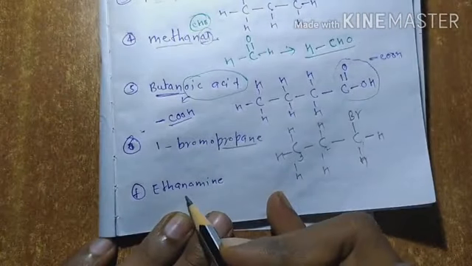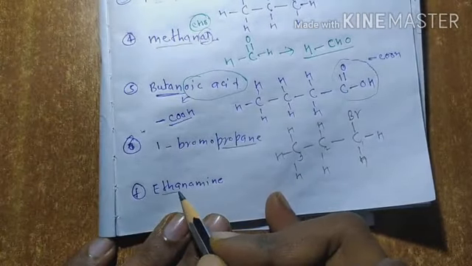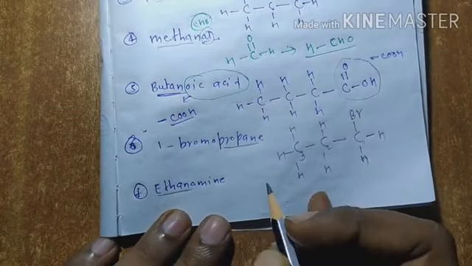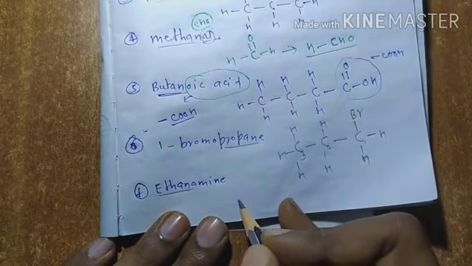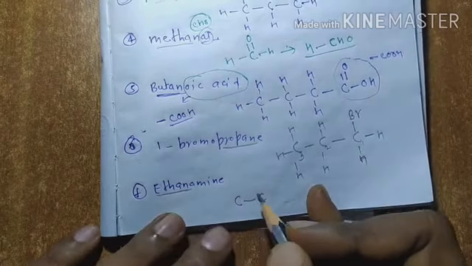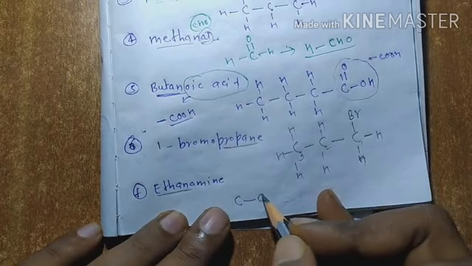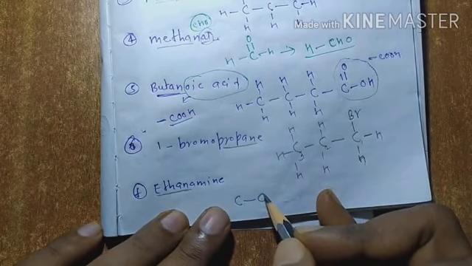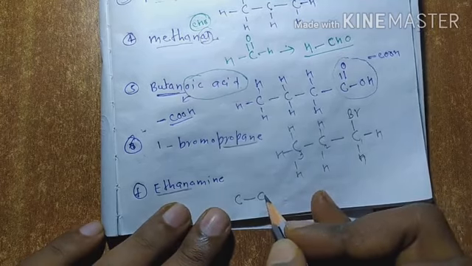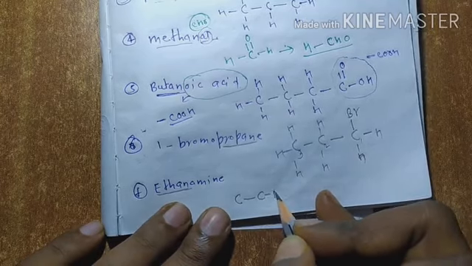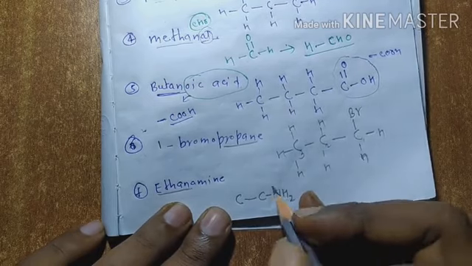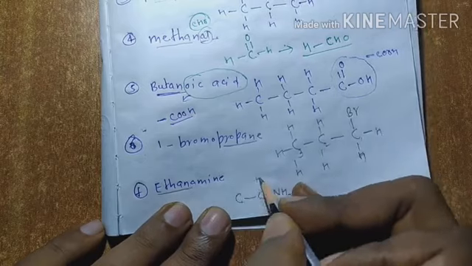Ethanamine. Ethane means the number of carbon atoms will be 2. Amine means NH2. We can write it here, and in the remaining part, hydrogen.